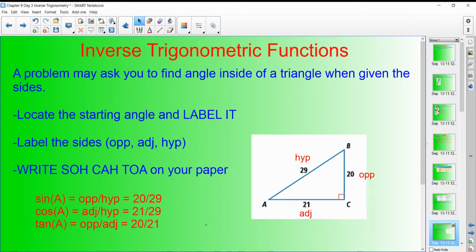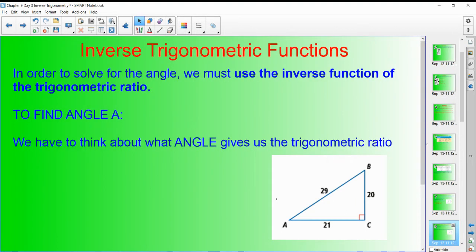If I'm looking at angle A, I label the adjacent, the opposite, and the hypotenuse. I could set up the ratio. Now the question is, can I find the measure of angle A? So we have to think about the angle and the ratio.